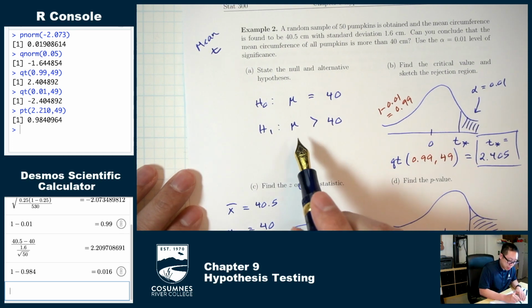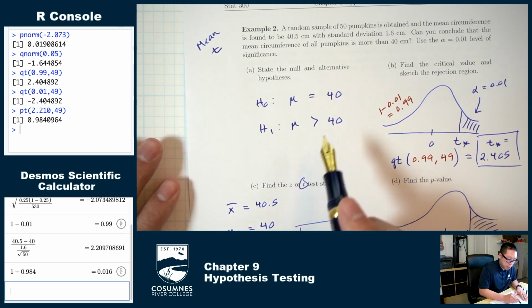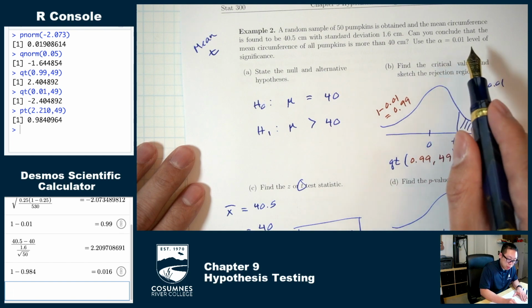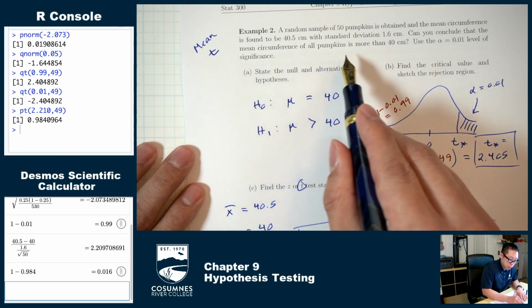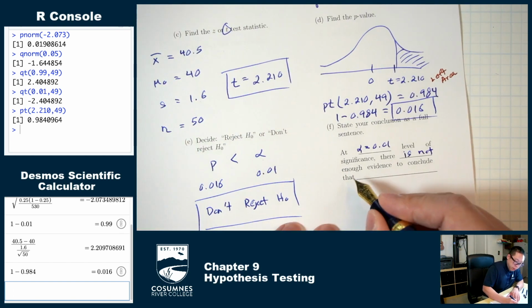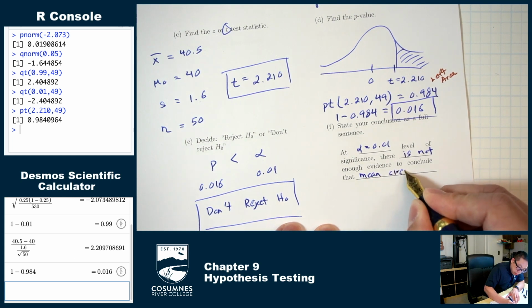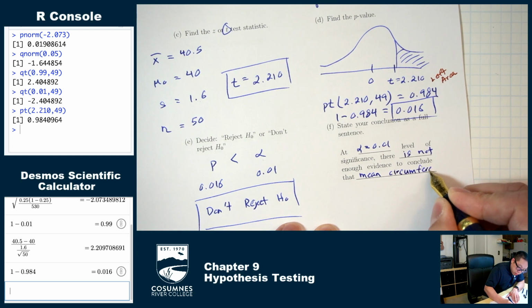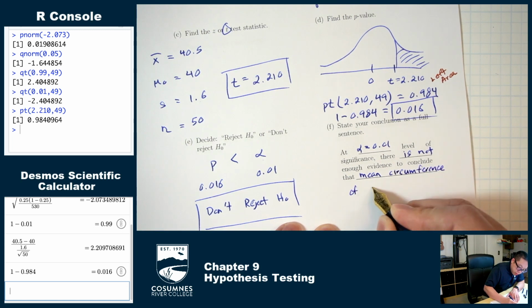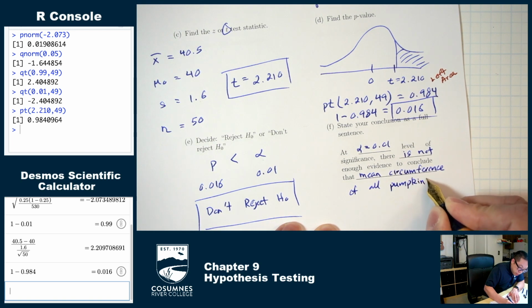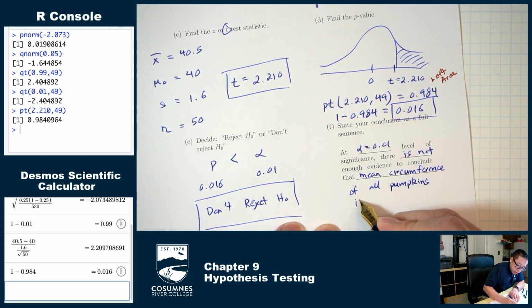H1 is basically saying that the mean is more than 40. Or you can get it from the question, right? So the mean circumference of all pumpkins is more than 40 centimeters.